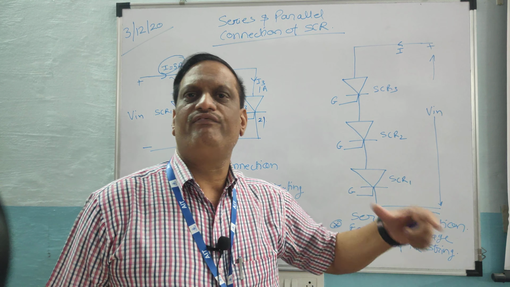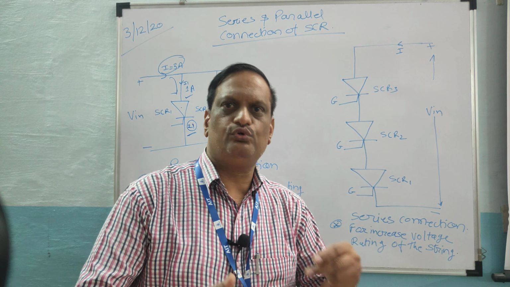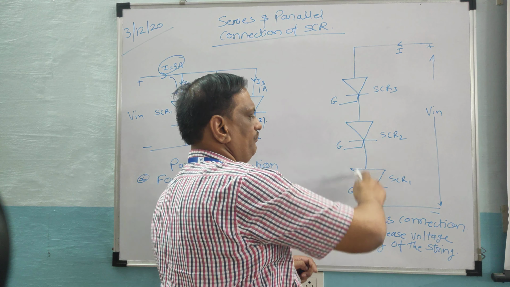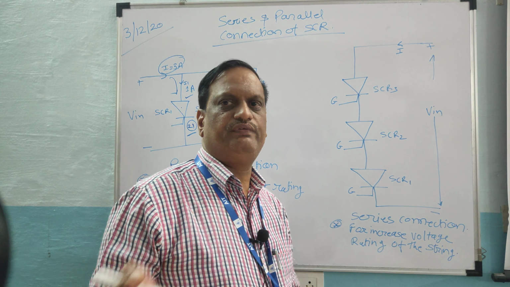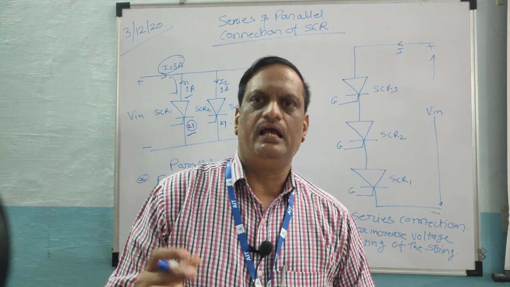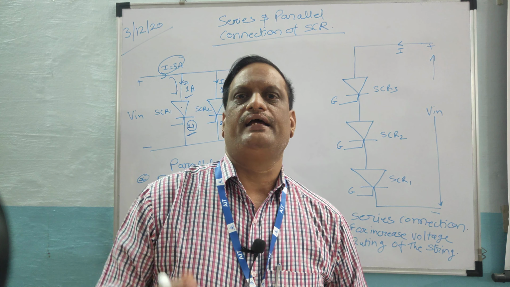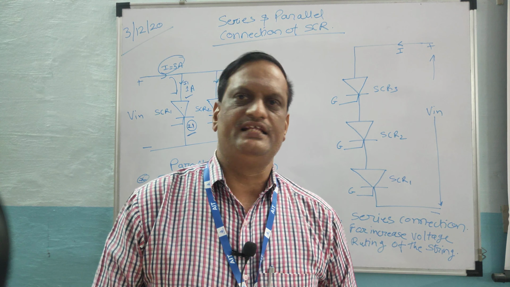The voltage rating of each device gets added to the next device, and the overall voltage of the string will be increased. In this way, you can increase the current rating as well as the voltage rating of any string by connecting the devices in parallel and series.